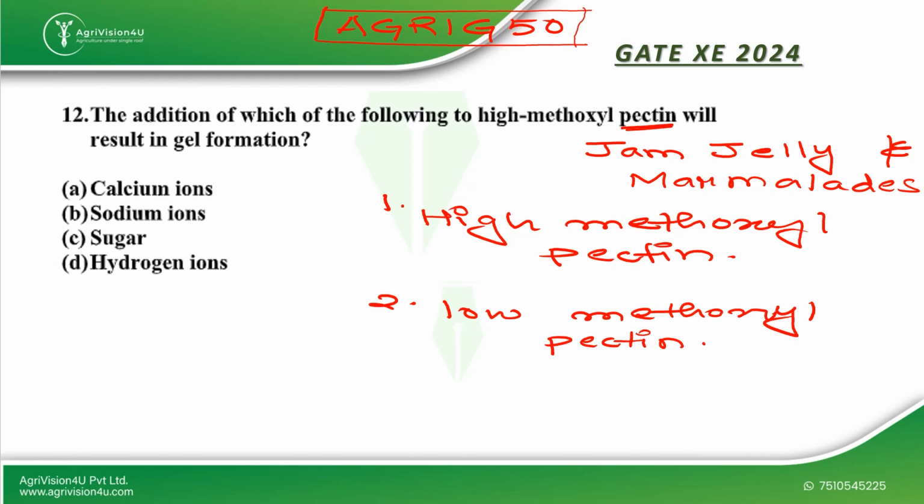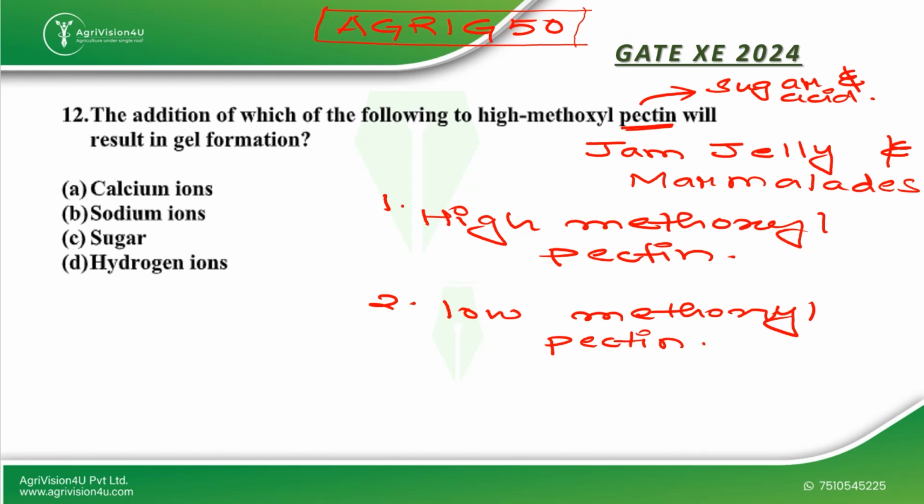So what are high methoxyl pectins? These high methoxyl pectins require sugar and acid to form the gel. So these high methoxyl pectins require sugar as well as acid.